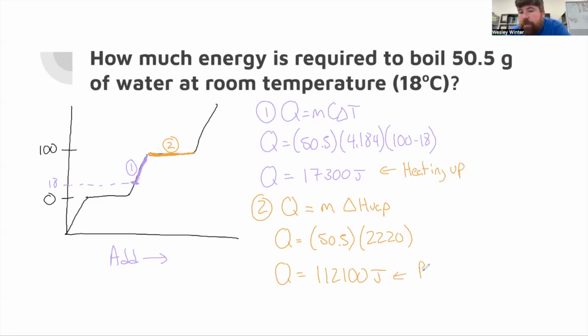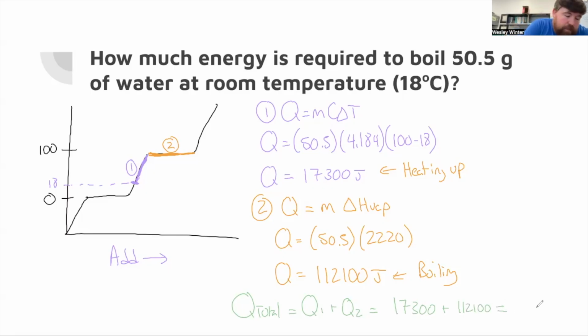Step two is boiling. So how much total energy occurred here? Well, the total is going to be Q1 plus Q2, which is 17,300 plus 112,100.